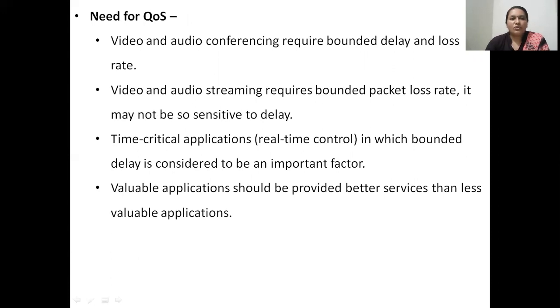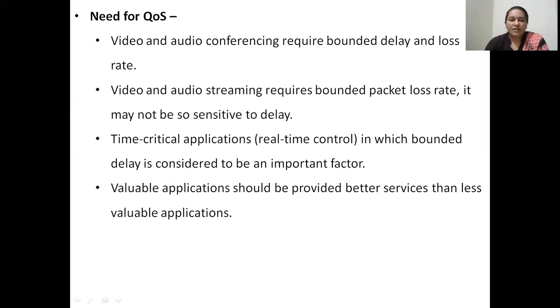So to talk more specifically about why QoS is needed, in video and audio conferencing methods, like say you're attending online classes or YouTube live classes, you require bounded delay and loss rate. Say if there is too much delay, then the quality of video and audio will be hampered, and it becomes difficult for the listeners to understand what is being said in the conference.